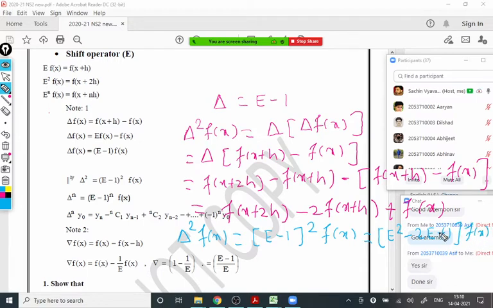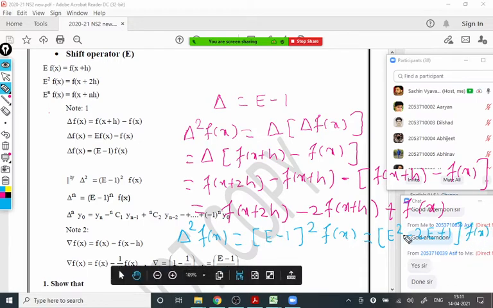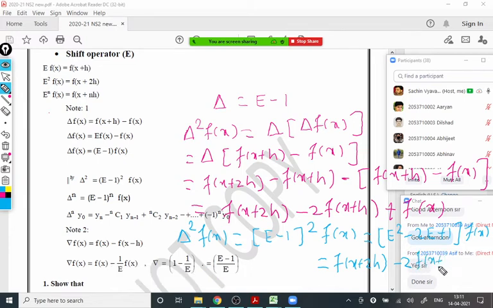Just we square the bracket. And now E square of f(x), yes anyone? What is E square of f(x)? Sir, f(x plus 2h). Correct. Minus 2 times E of f(x). E of f(x) should be f(x plus h). And lastly, plus 1 of f(x), so that is plus f(x) only.